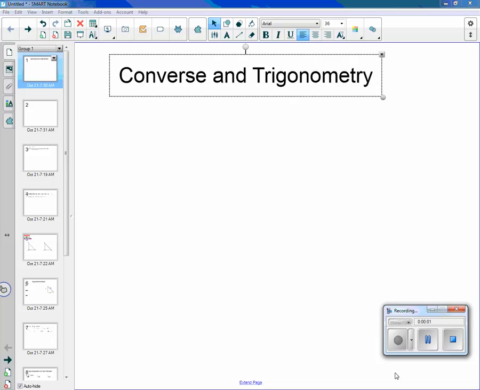So we're going to do converse and trigonometry. Some of y'all last class got to play with the little sticks and form triangles, and you were able to figure out how to determine if a triangle is going to be an acute triangle, an obtuse triangle, or a right triangle.